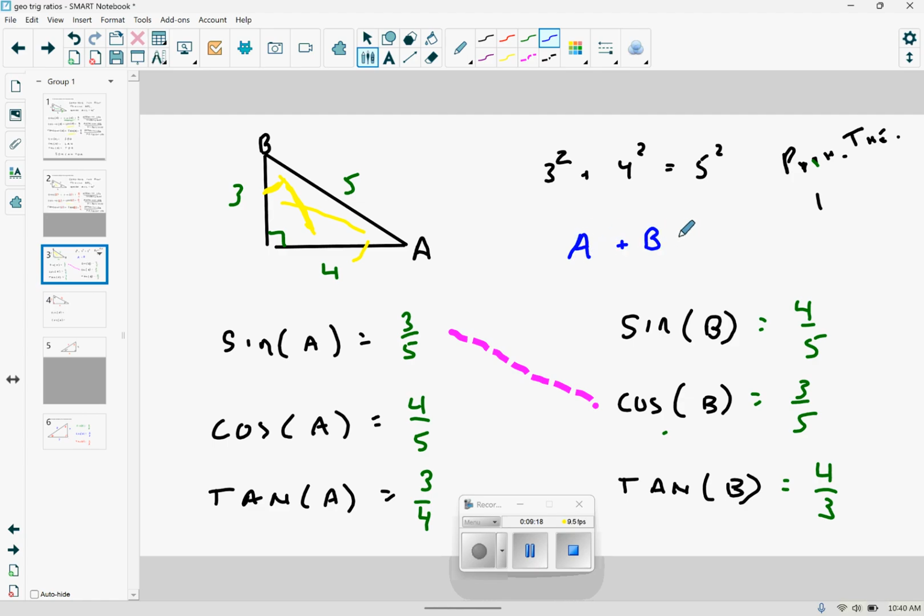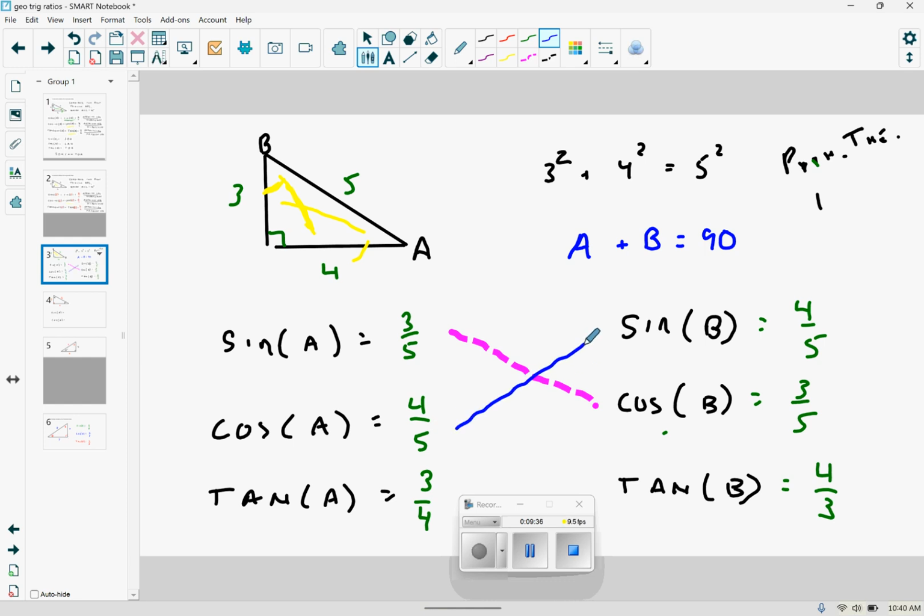So the sine of A is going to equal the cosine of the complement of A, and that's always going to be the case. In like manner, the cosine of A is going to be the sine of the complement of A.